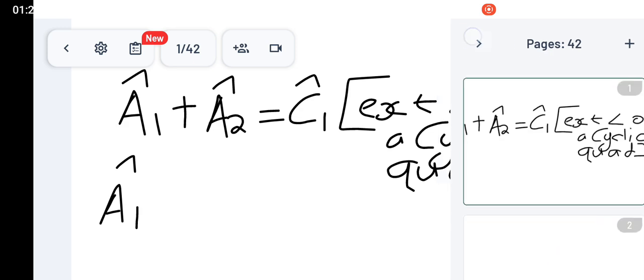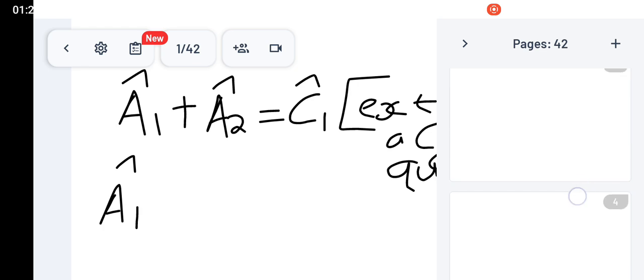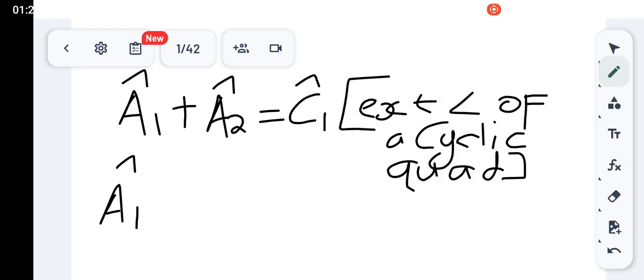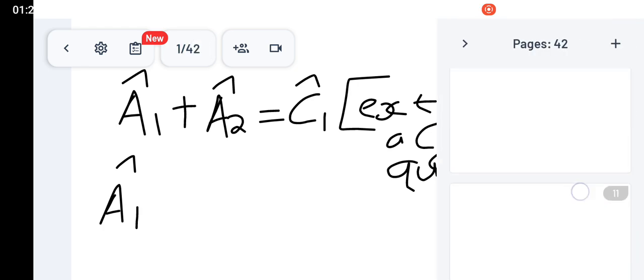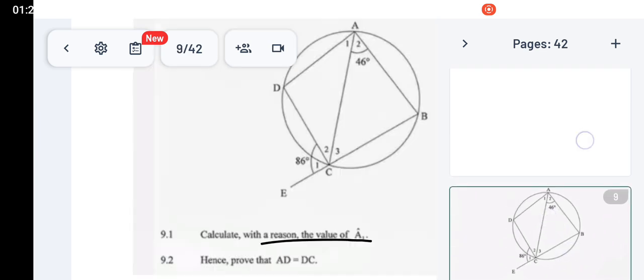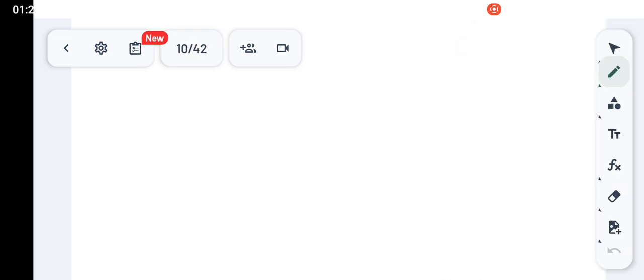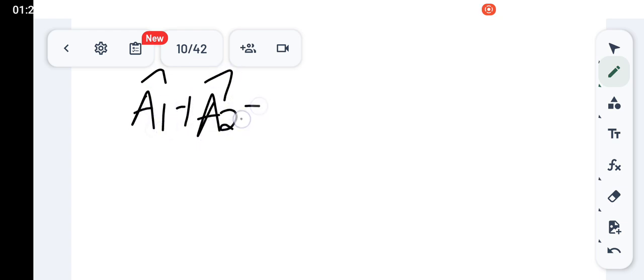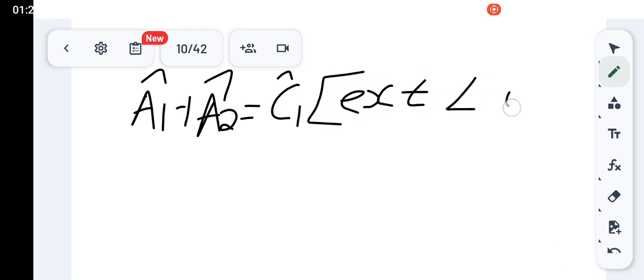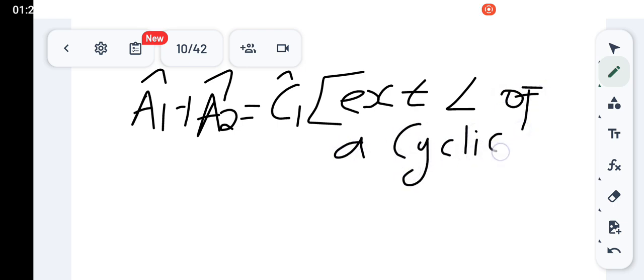A2, I think we are given the value of A2 here. Let's write it again: A1 plus A2 is equal to C1 because of the exterior angle of a cyclic quad.